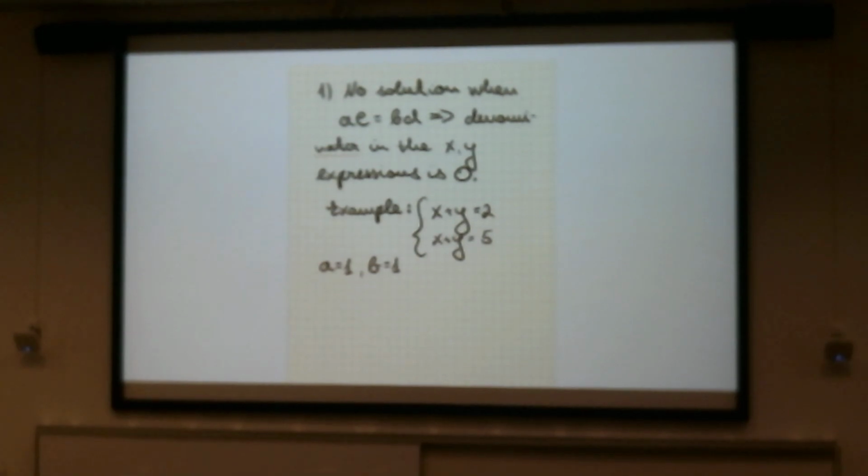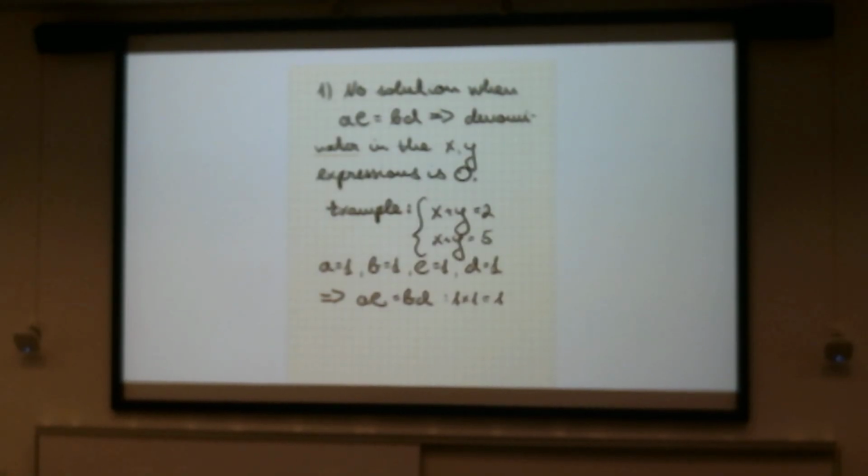So e is right here, is 1. E is 1 here as well. And then d is also 1. So all of these coefficients involved in this little rule are equal to 1. So then clearly, a e equals b d, because 1 times 1 is equal to 1 times 1. So then there is no solution immediately. There is no such pair of x and y that satisfies both equations.